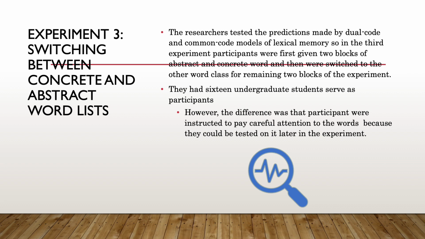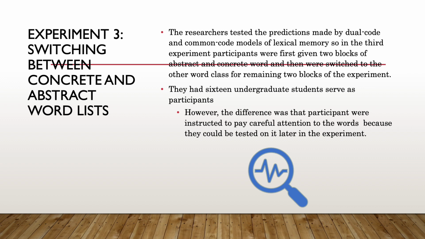However, if the abstract words were presented after the concrete words, then there would be no difference, because both types of words would be recognized with the same lexical processing and representation.